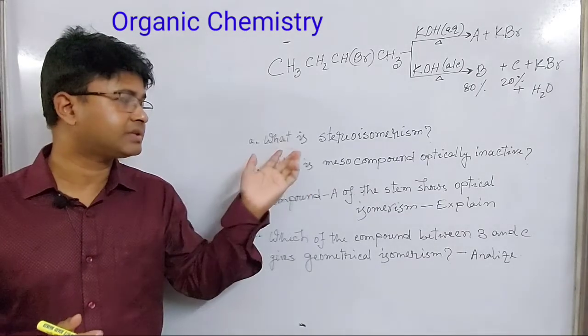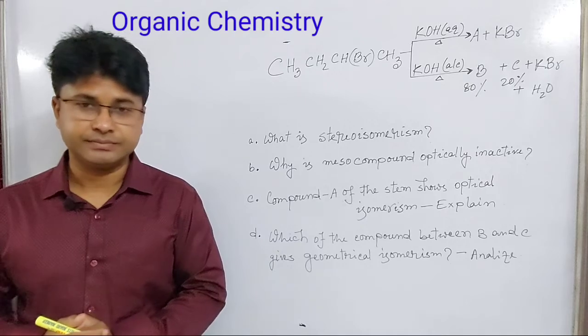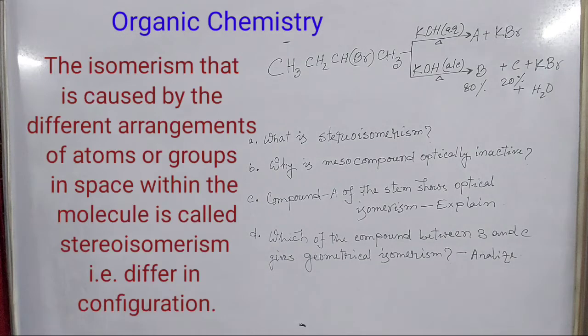The knowledge based question is, what is stereoisomerism? The isomerism that is caused by the different arrangements of atoms or groups in space within the molecule is called stereoisomerism, that is differed in configuration.